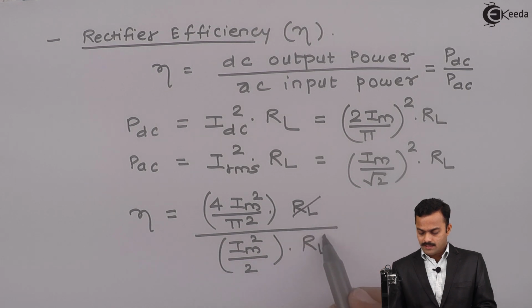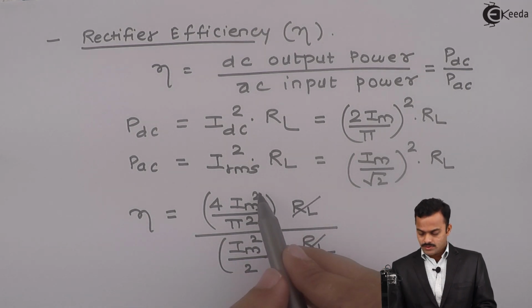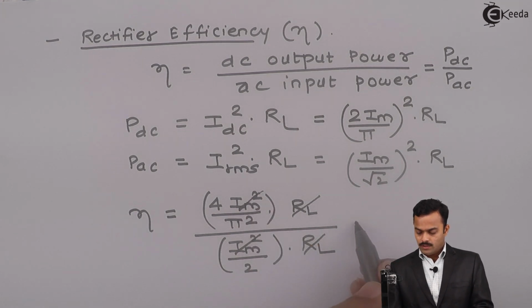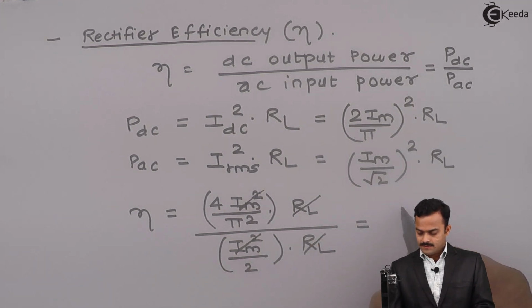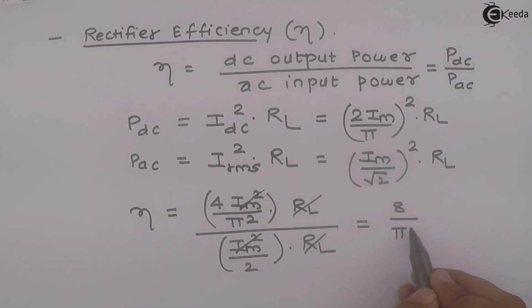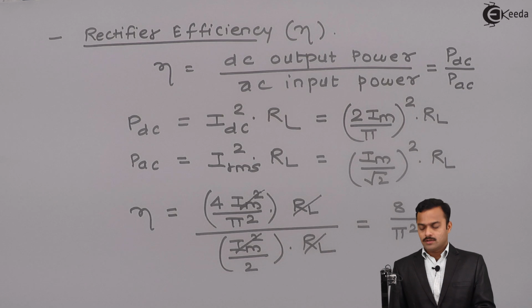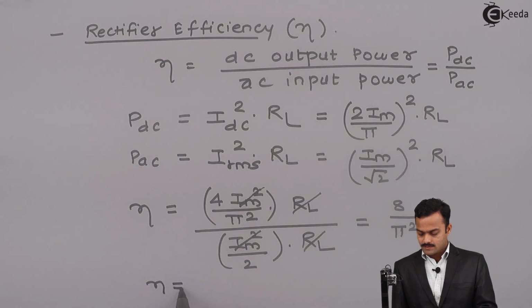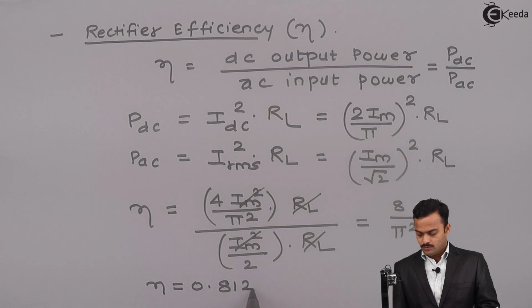So, here RL gets cancelled, also Im square gets cancelled, and what I will get over here is 8 upon pi square, a constant term. If I solve, I will get rectifier efficiency as 0.812.